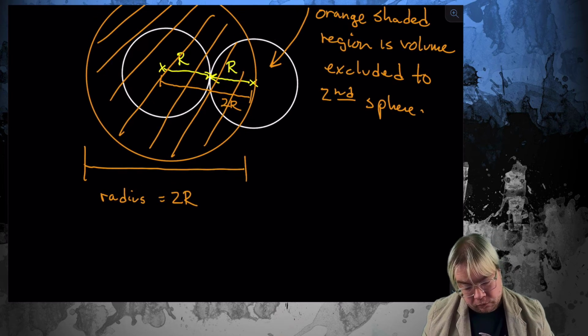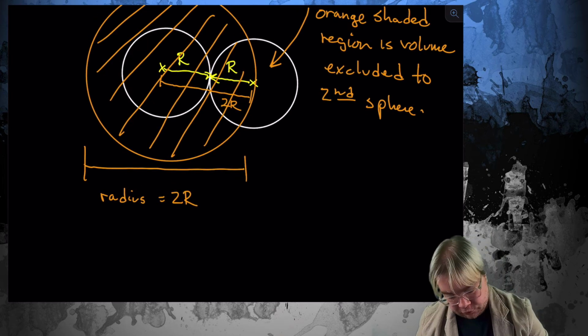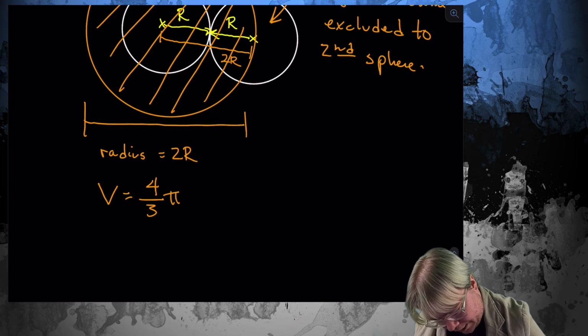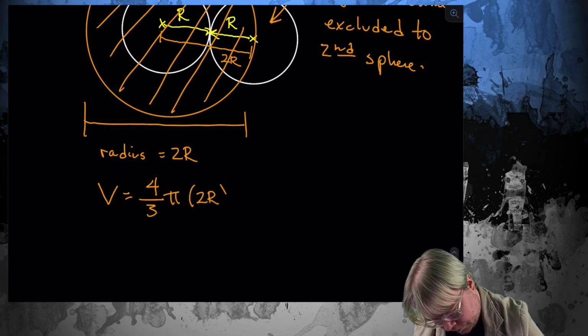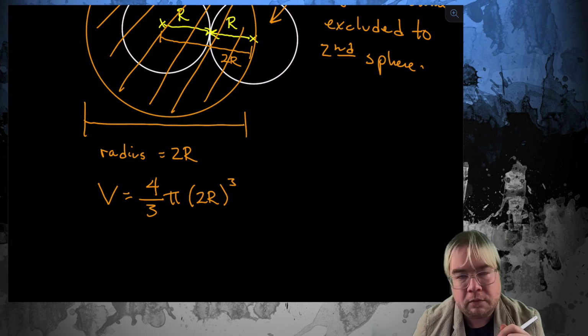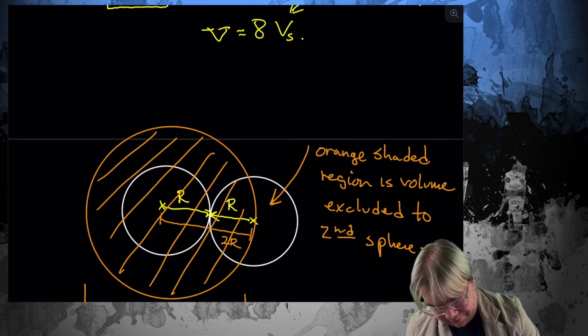Well, if that region is that spherical region that has a radius of 2r, then what's the volume of that region? The volume of that region is 4/3 times pi times 2r cubed. Well, that looks familiar, doesn't it? That looks exactly like what I did up here.